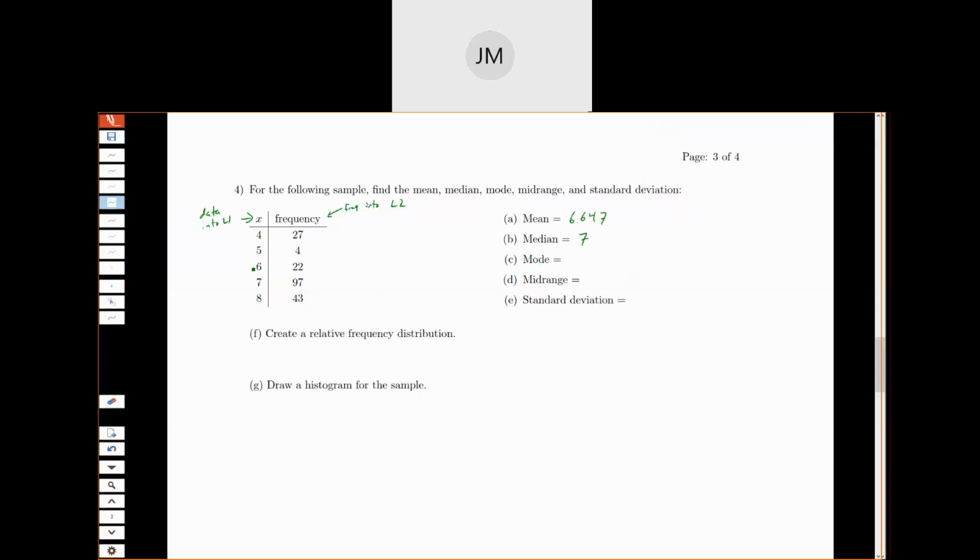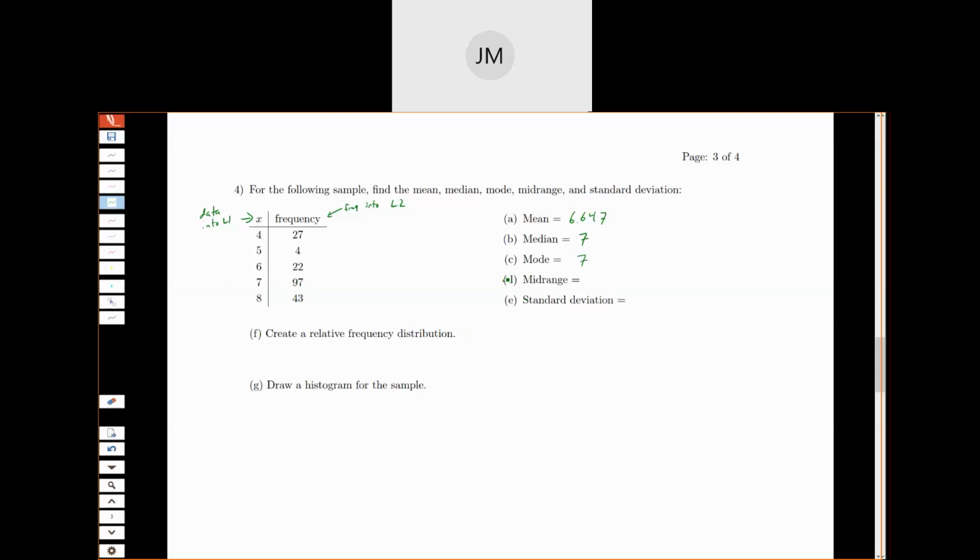That would be the median. But I don't have very many 5s and I have a lot of 7s, and that means the middle value gets brought up higher. The mode is the number with the greatest frequency. There are the most 7s, so the mode is 7. It's not 97, it's not the frequency of the biggest frequency. It's the data value with the biggest frequency.